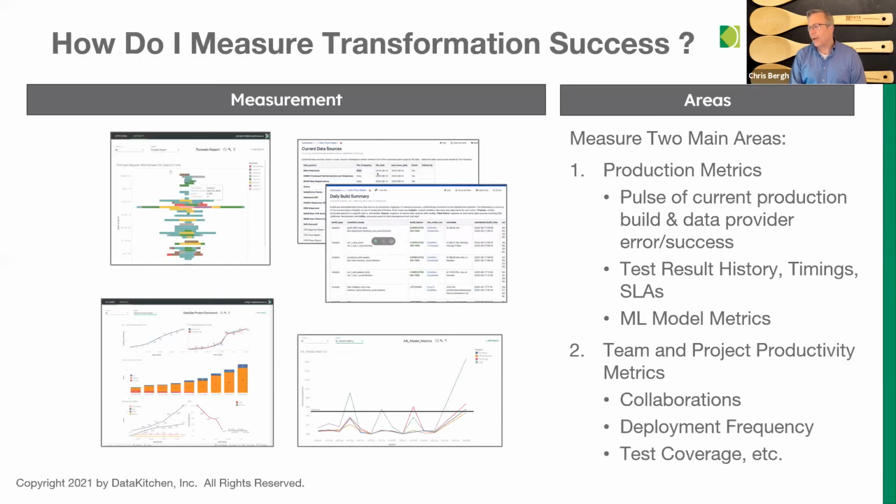And the last thing I want to recommend is that you think about how you measure the processes that your teams work on. We talked about the production process. Can you measure the problems of your data providers, which ones are good and bad? Can you measure how often you're meeting your SLAs or not meeting your SLAs?